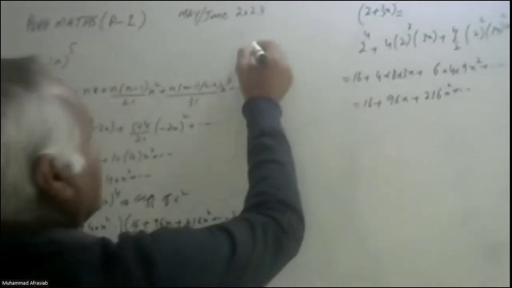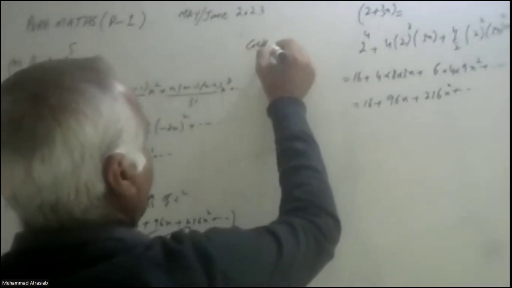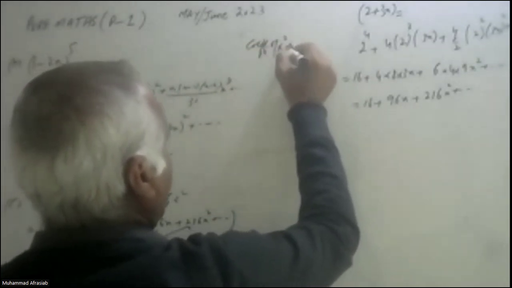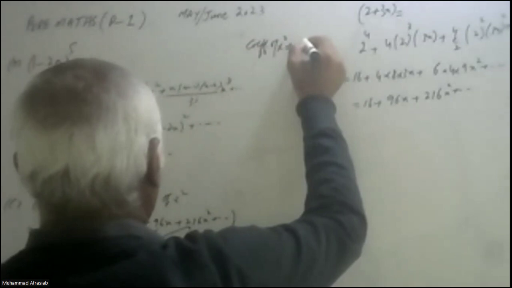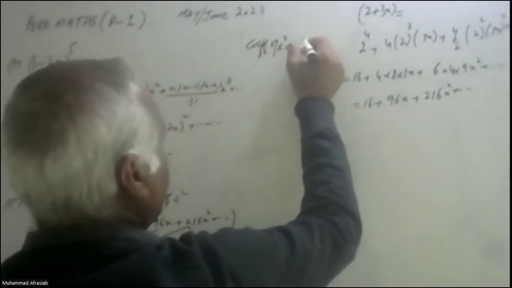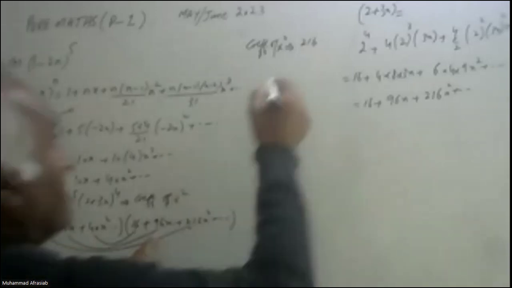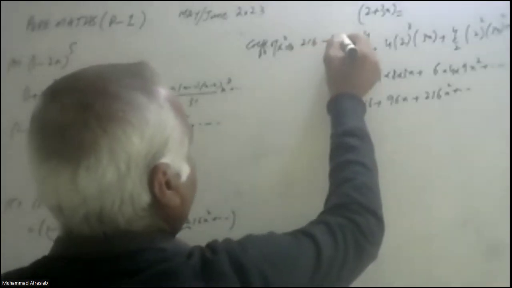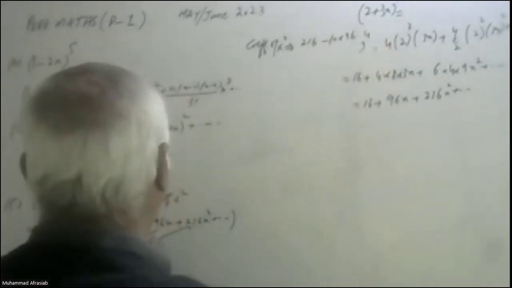So for the coefficient of x squared, 1 multiplied by 216 gives 216x squared. Then minus 10x into 96x will give x squared, so that will be equal to minus 10 into 96.